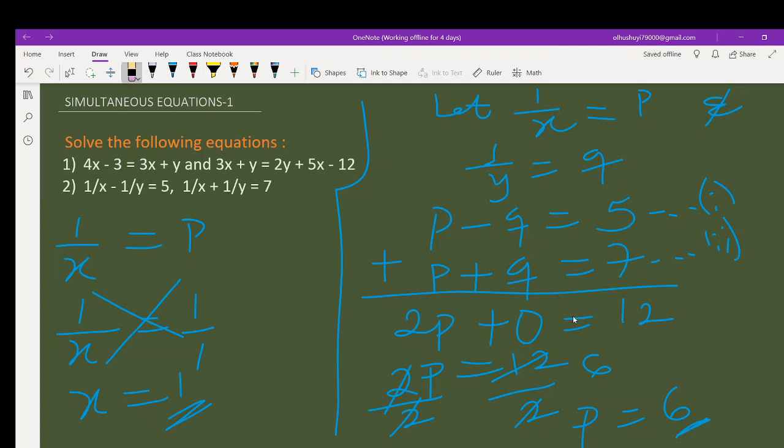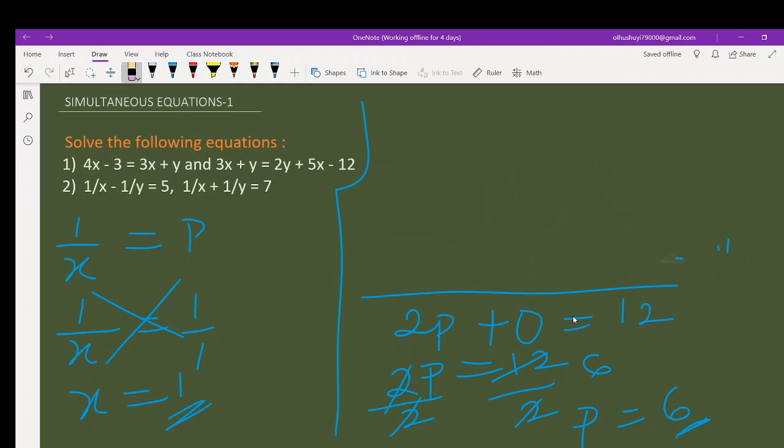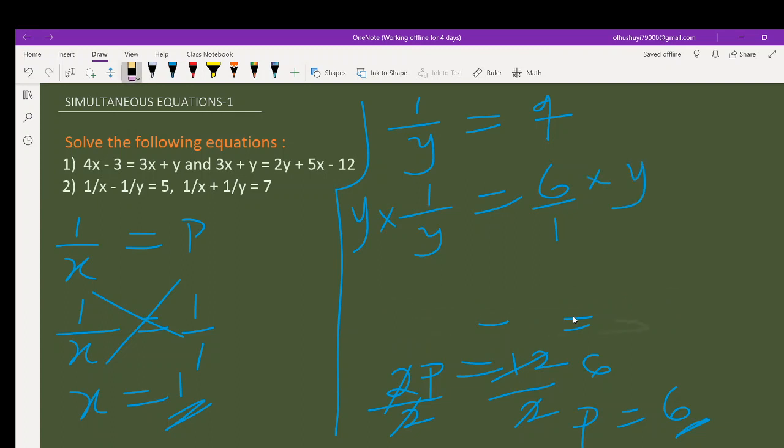The second one, we said 1 over y is equal to q, right? So if 1 over y is equal to q, that means 1 over y is equal to 1. Multiplying both sides by y, what do we have eventually?